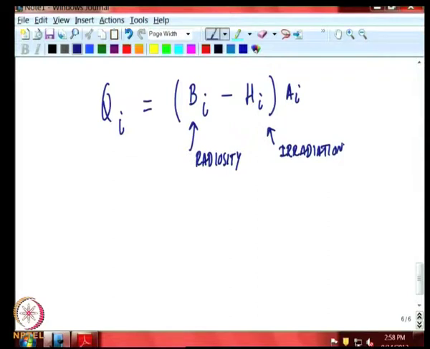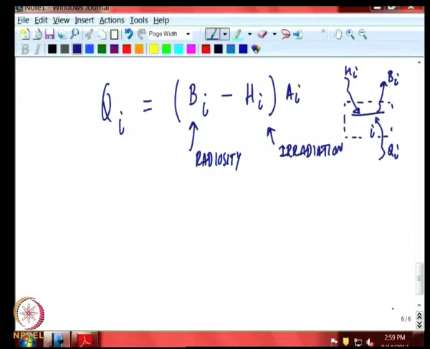So, if you take a surface I and put a little control volume there, you can see that radiation Hi is coming and radiosity Bi is leaving. So, the difference between Bi and Hi is a measure of how much heat you must add to maintain this surface at a constant temperature Ti. Okay. So, this is a simple equation.